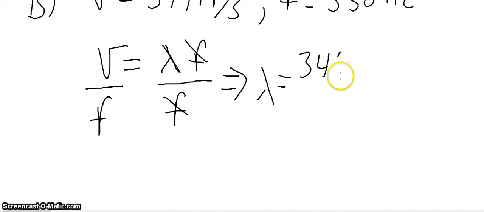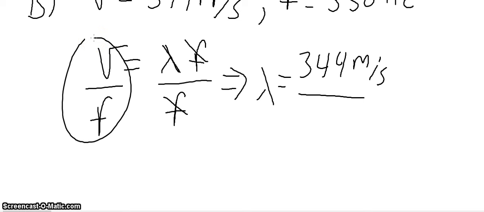So it's going to be 344 meters per second divided by the frequency, and our frequency was 550 hertz. And now notice one thing here, that you have meters per second divided by hertz, and hertz are just 1 over seconds.